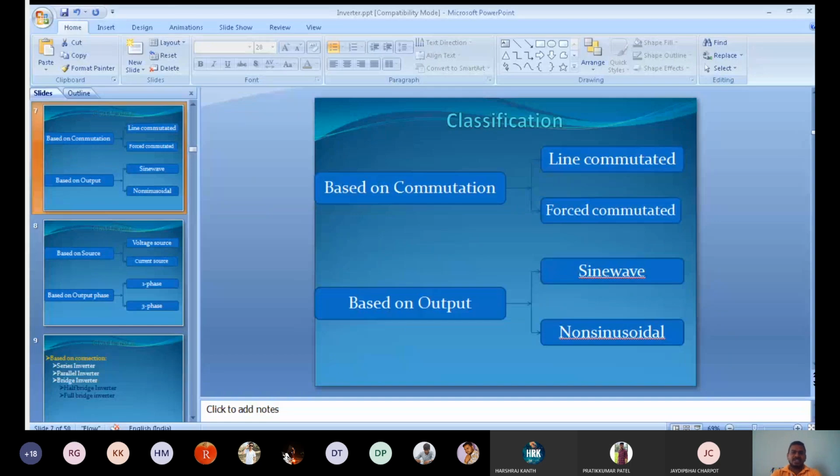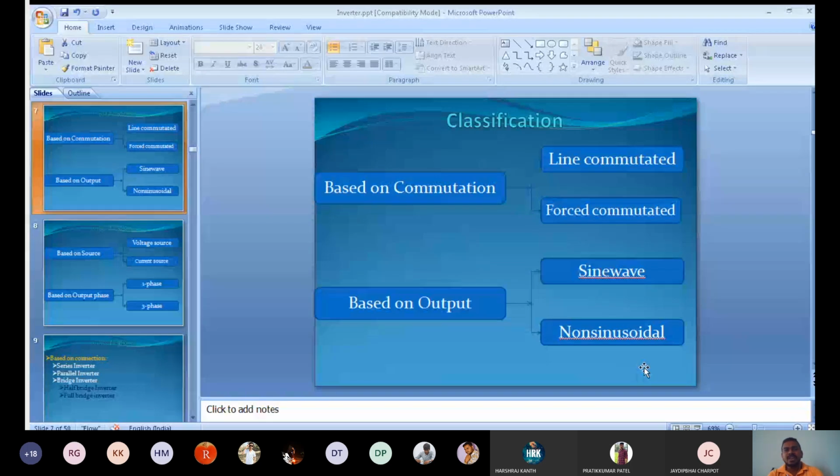The non-sinusoidal inverter is also classified into triangular wave or rectangular wave, but we generally classify it into two categories, pure sine wave inverter and non-sinusoidal inverter. So this is the second classification.